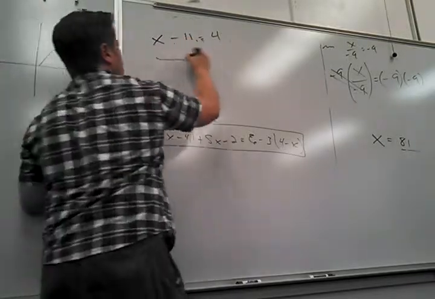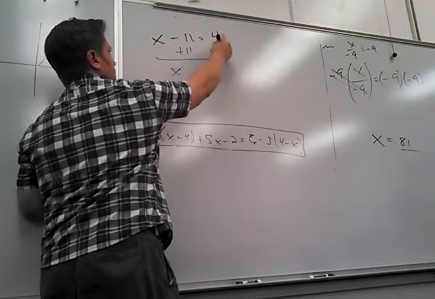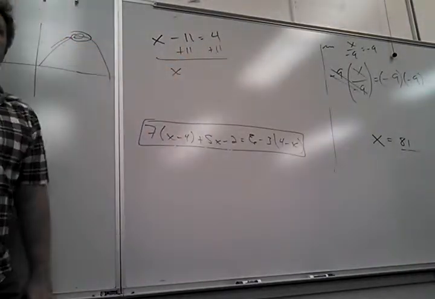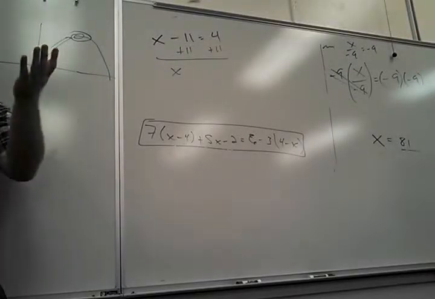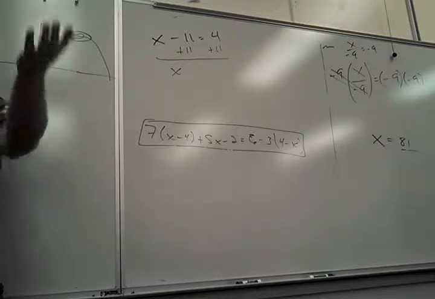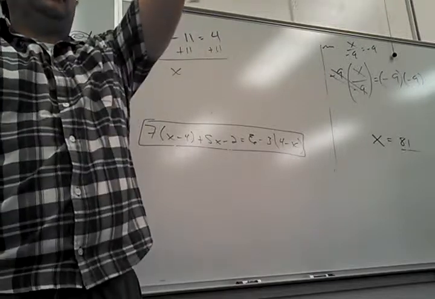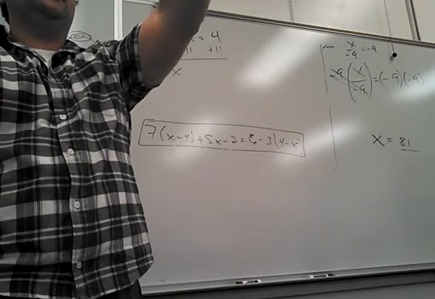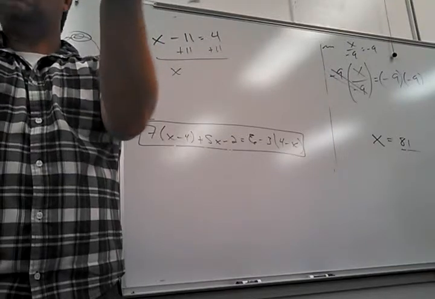So here, to get the x by itself, I have to add 11. Now the reason I'm allowed to do that is, if I have something equals something, how do I keep it true? If I have a balance, and it's balanced, if I put 11 pounds here, I better put 11 pounds on the other side, or else it won't be balanced.